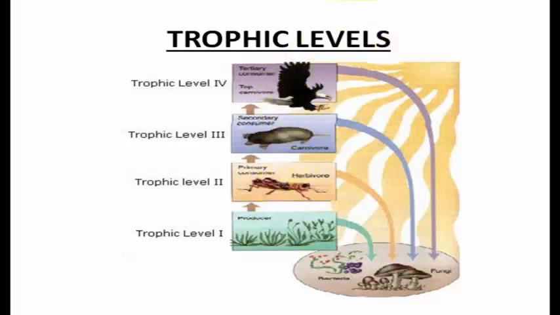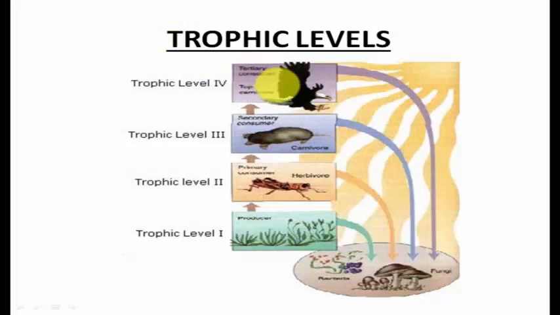Next come the carnivores, which are actually the secondary consumers, which will consume the primary consumers. So they are carnivores, and this level will be called trophic level 3. And thereafter, it is the top carnivores which will eat these secondary consumers or the carnivores, and these are called the tertiary consumers. This becomes trophic level 4.